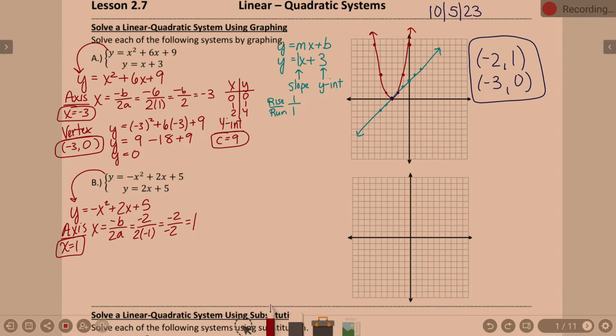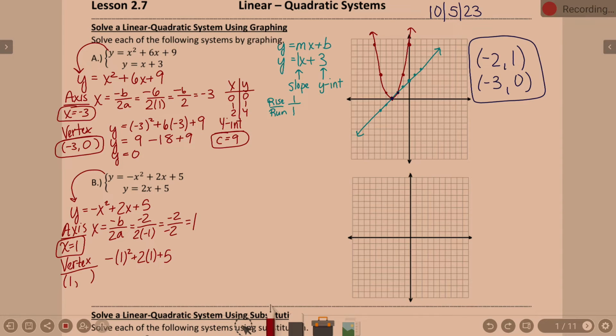After the axis, we need the vertex. My vertex is 1 comma something. We're going to take the 1 and plug it into the quadratic, right? So it's the negative of 1 squared plus 2 times 1 plus 5. What is the negative of 1 squared? Negative 1.